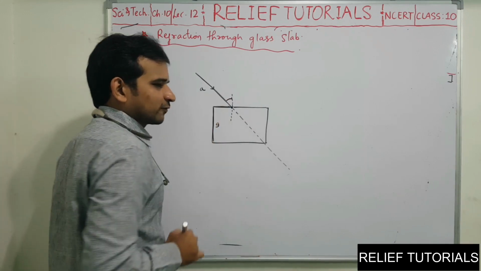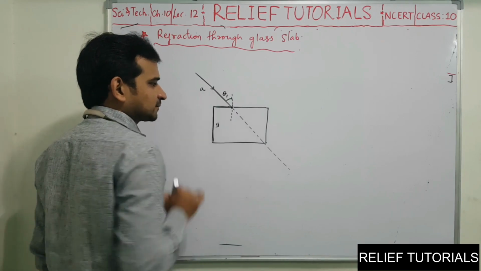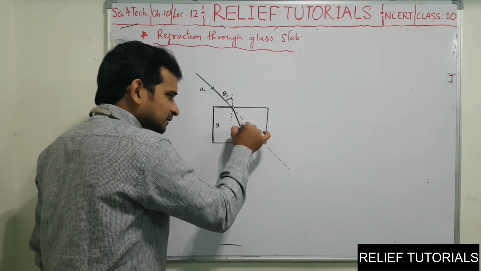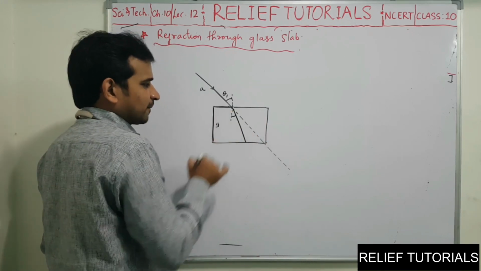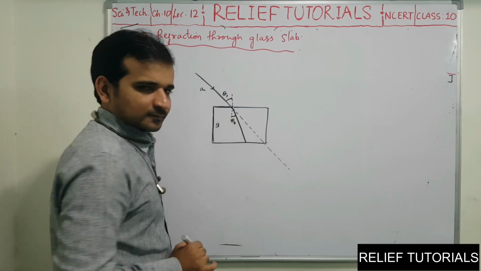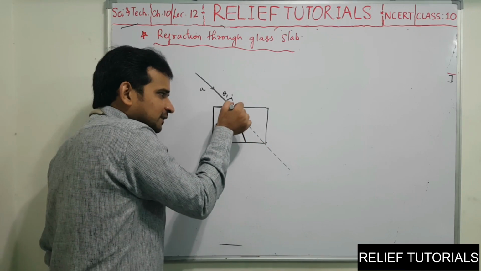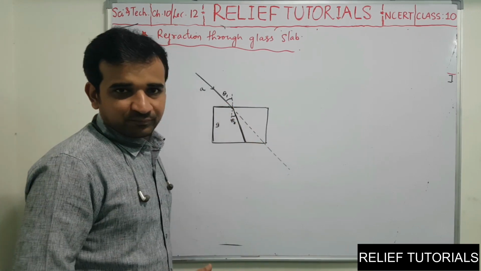This angle is the angle of incidence, let us say it's theta 1. Now the ray will be deviated towards the normal like this. So this angle is the angle of refraction, theta 2. Now this ray again changes the medium, because it is traveling in glass and now comes again to air.